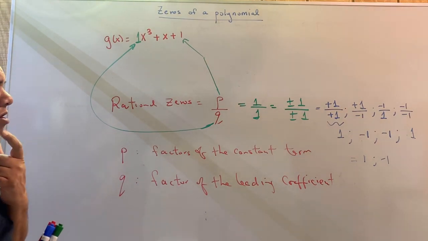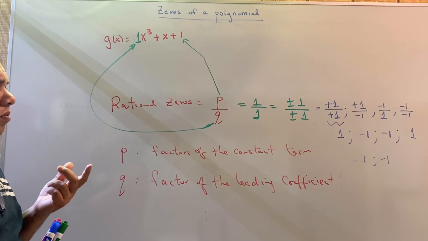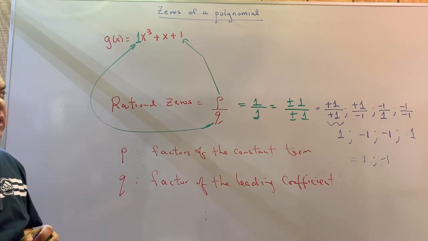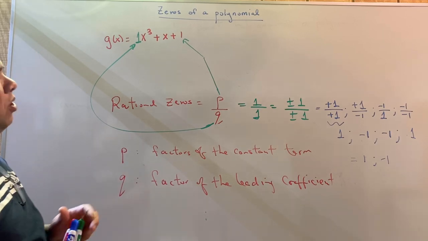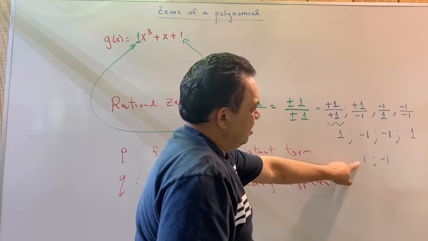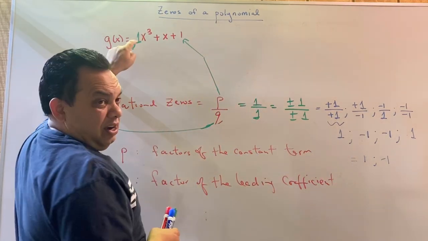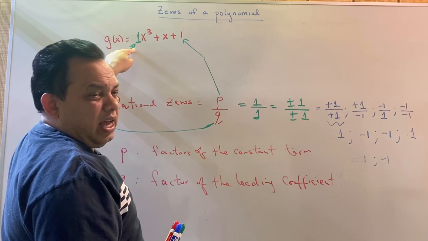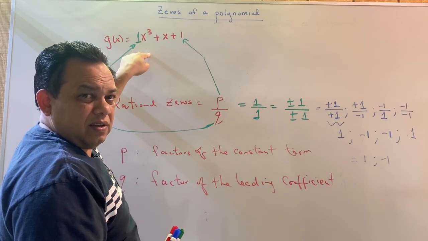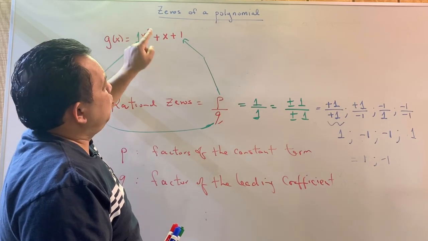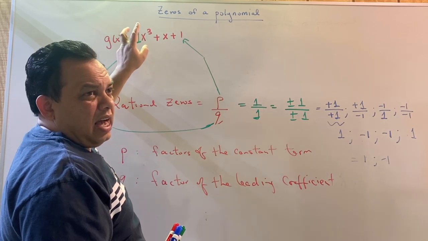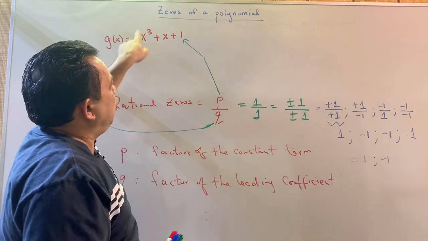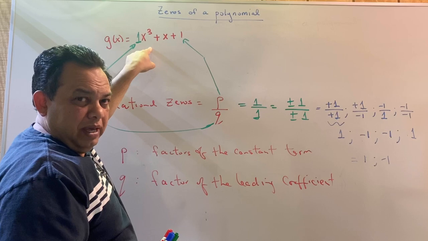So that's the idea behind rational zeros, and you will see how that helps, because if one of these is a rational zero, then I know what the factor is. And if I know what one factor is, then that factor times some quadratic, when multiplied, would be equal to this.